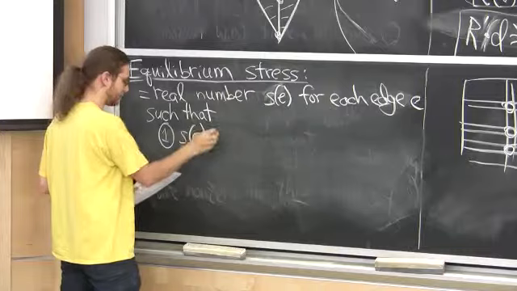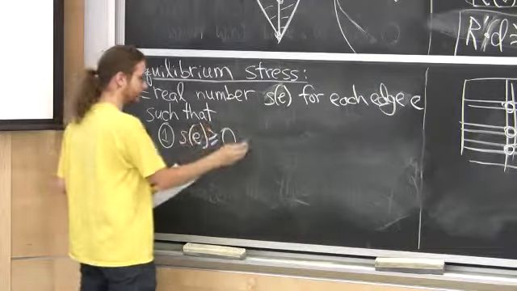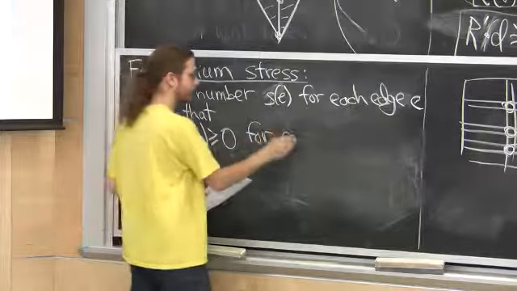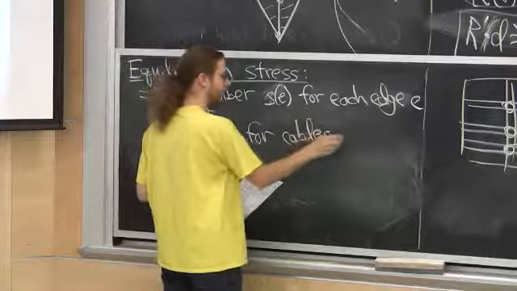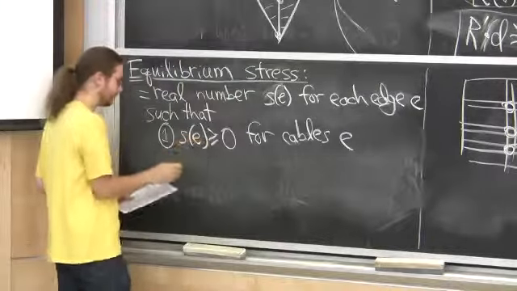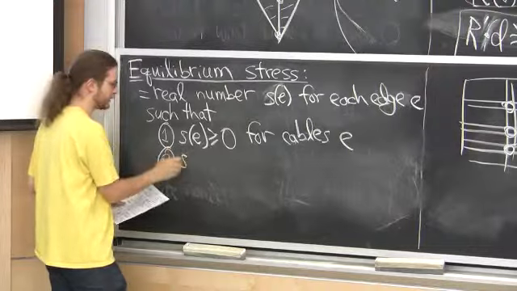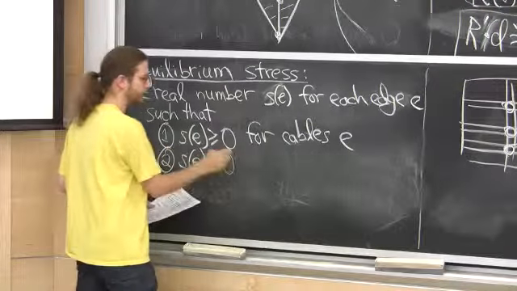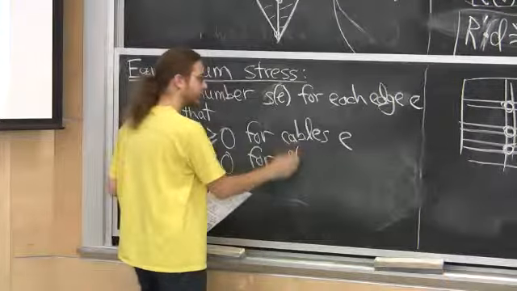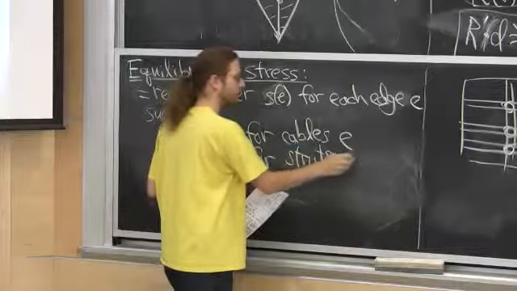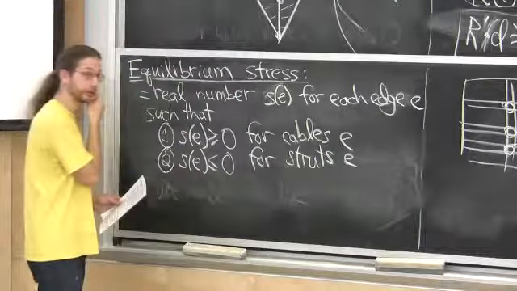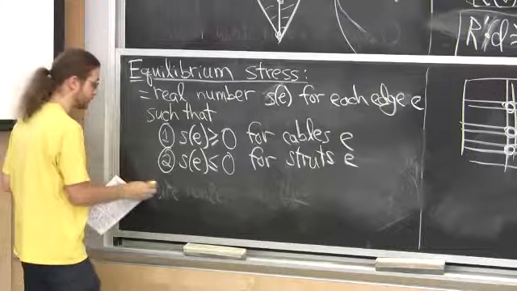If I have a cable, then that number should be non-negative. If I have a strut, it should be non-positive. If I have a bar, I don't care. It can be positive or negative or 0.